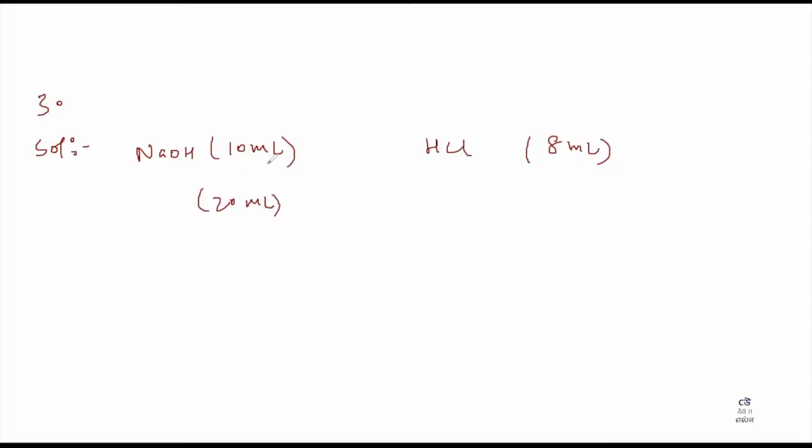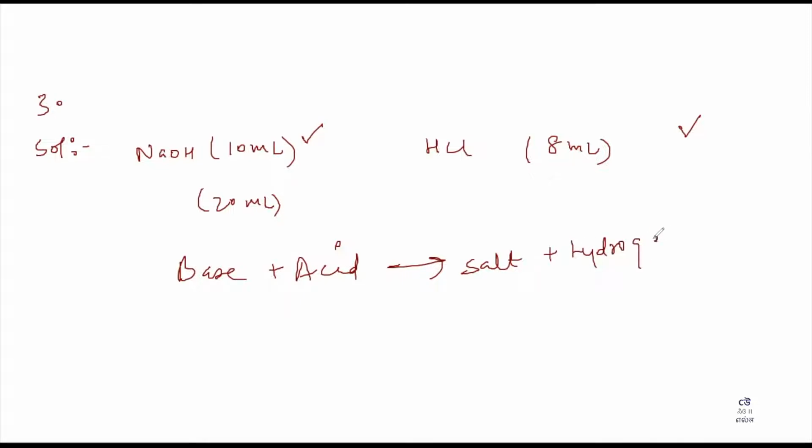So if we were taking 10 ml of NaOH and 8 ml of HCl, we were getting salt and water, because we already know from the neutralization reaction that whenever a base, that is NaOH, combines with an acid, that is HCl, the product is going to be salt and water. So here, how much acid do we need if we have to neutralize 20 ml of NaOH?